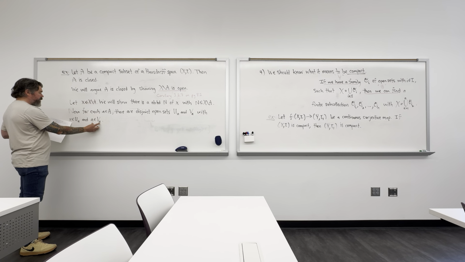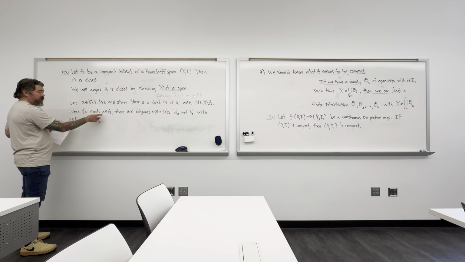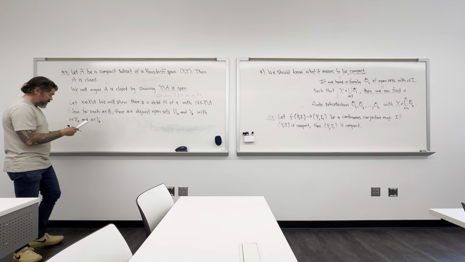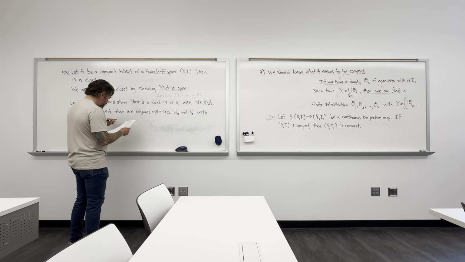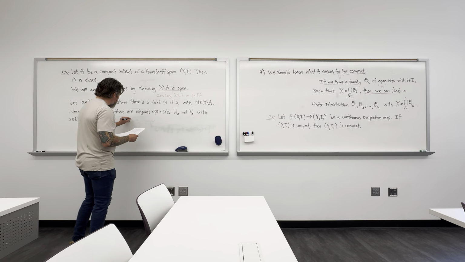So we have disjoint open sets where x is in one and each a is in the other.